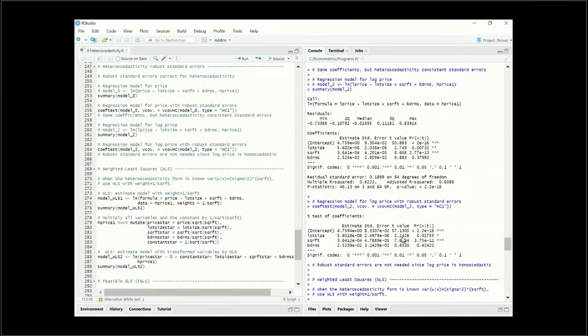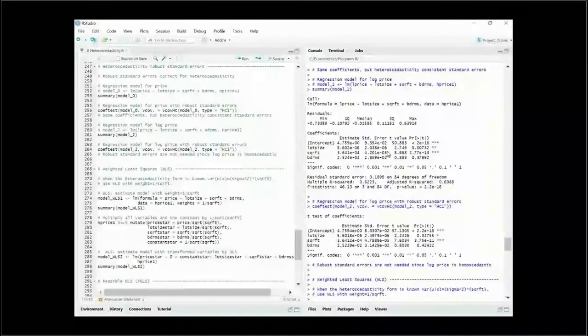So notice that here we have some correction, and we do have a little bit of loss in significance of this coefficient right here. But in general, we have much more similar standard errors here than before.